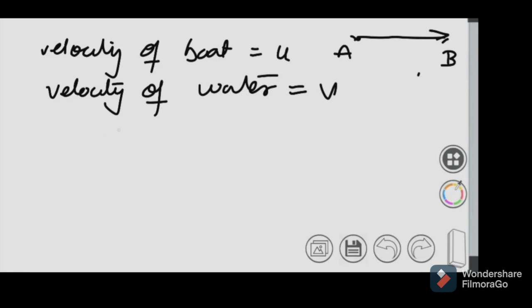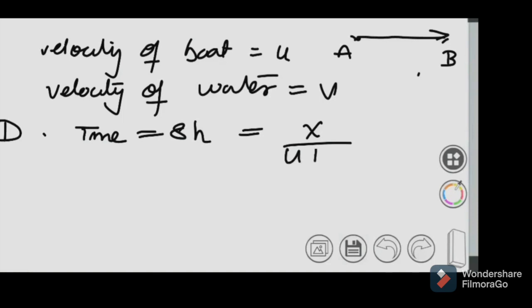So downstream, it is said that time taken is 8 hours. So time is distance divided by speed. So distance obviously is x. His speed is going to be u plus v or u minus v? u plus v.